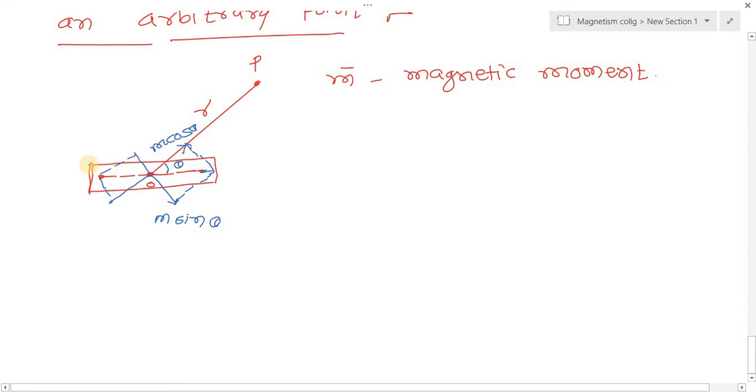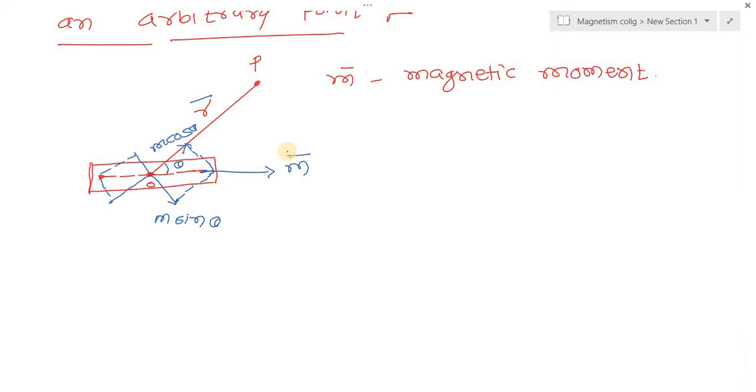These are the two components, m cos theta and m sin theta. m cos theta is along r bar, m sin theta is perpendicular to r bar, and this is the magnetic moment m bar. This is the diagram.